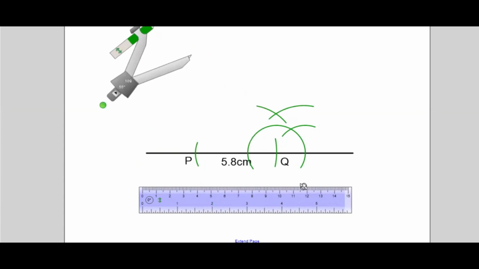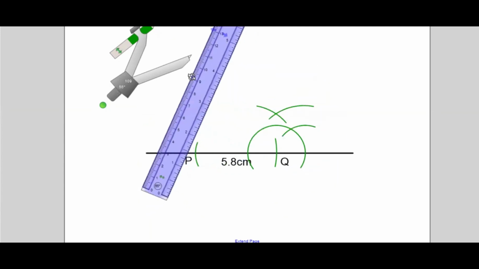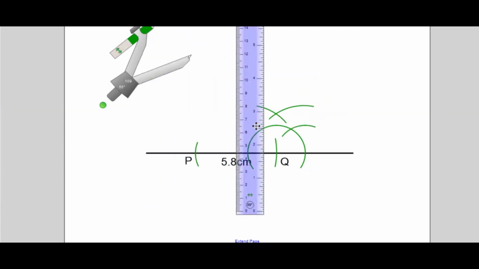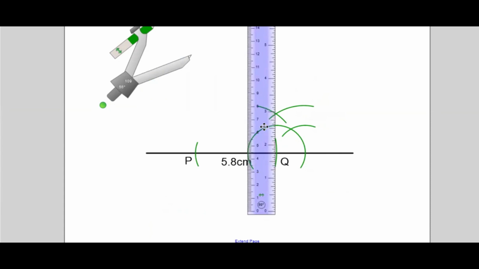So place my ruler correctly and move down here to draw a perpendicular line, which will help us form 90 degrees there.